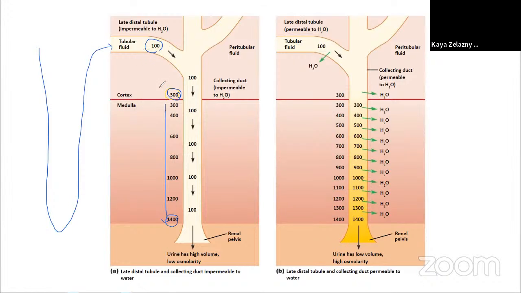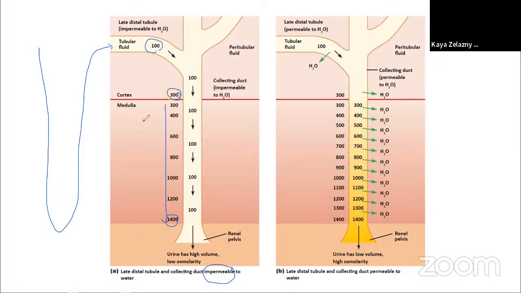What we're going to notice is that there is a pull on water from the cortex. 100 is lower than 300, meaning we have a force to move water into the cortex from the distal tubule. But if we are impermeable to water, it doesn't matter how much force there is. If we don't have a way to get across the membrane, we can't get across.